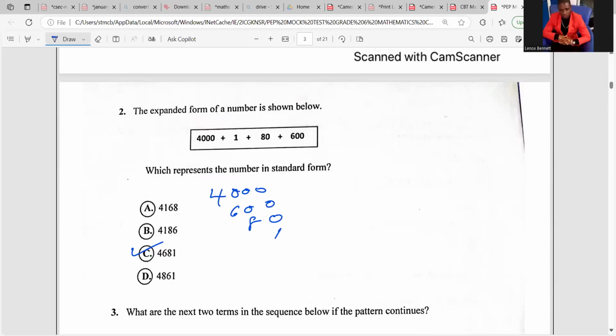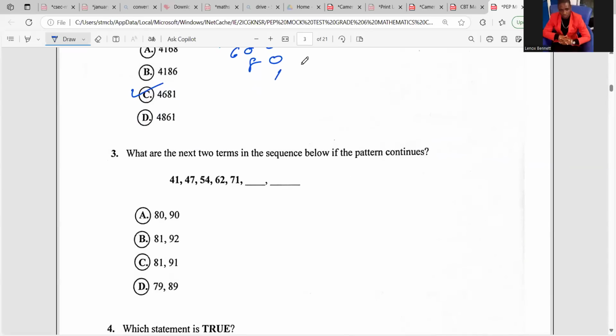All right, go on to the one here, number 3. We want to finish this.